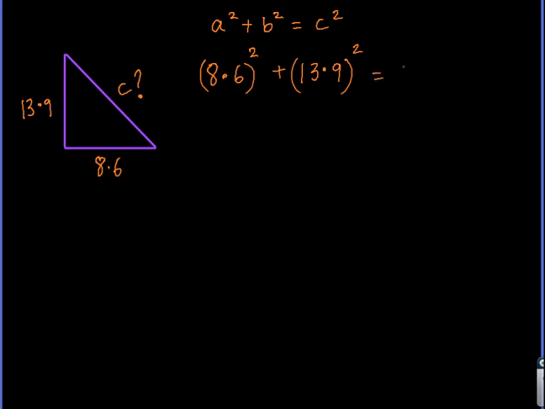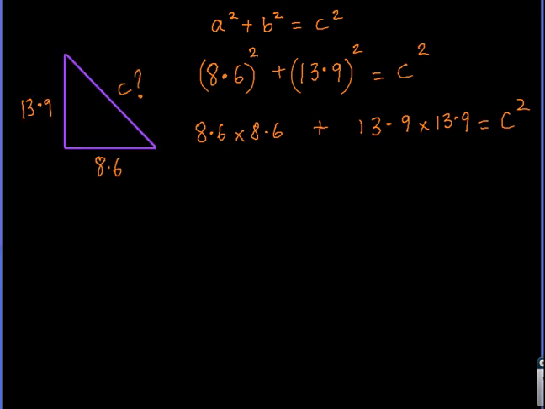Okay, and that's equal to c squared. So now the next thing I'm going to do is take my calculator and figure out what 8.6 squared is equal to, because we know for a fact 8.6 times 8.6 is kind of complicated to do by head, and that type of question will come up in the calculator paper anyway. And on that one, we're going to do 13.9 times 13.9, and that's equal to c squared. So let's go and take a calculator.